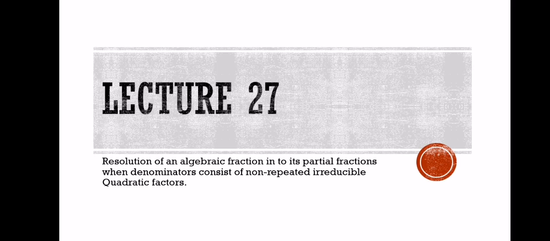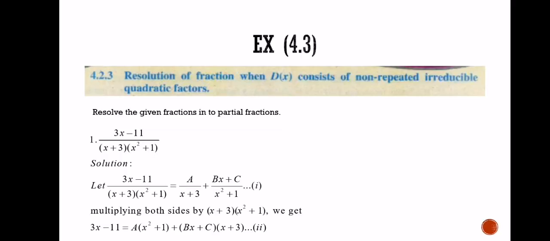Non-repeated means that the factor will appear only once. And quadratic means x to the power 2, so we will start resolving the fraction when the denominator consists of non-repeated irreducible quadratic factors.